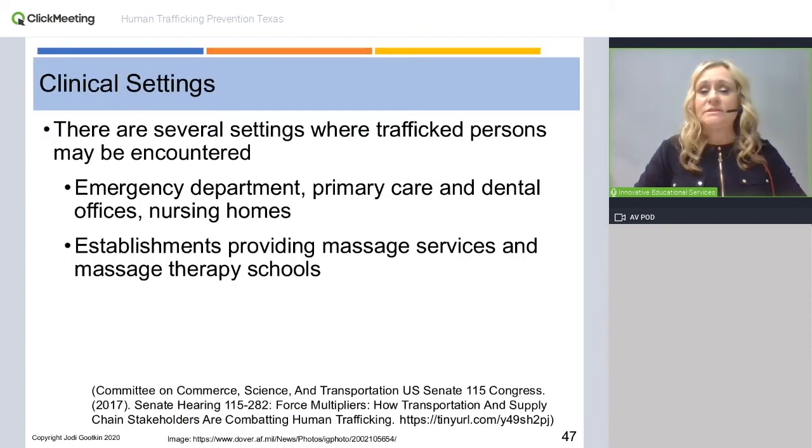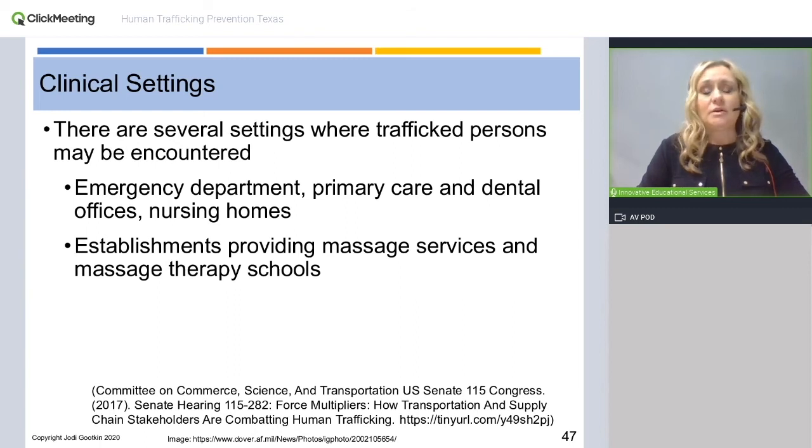We need to think of the different clinical settings where we can encounter these potential victims, whether it's emergency departments, urgent cares, Planned Parenthood, hospitals, home health settings, nursing homes, dental clinics, particularly massage services and massage therapy schools.